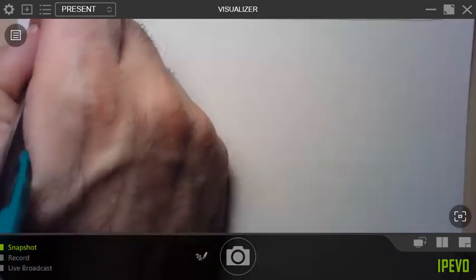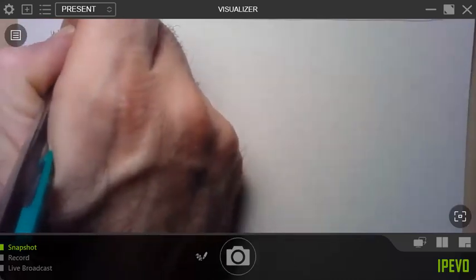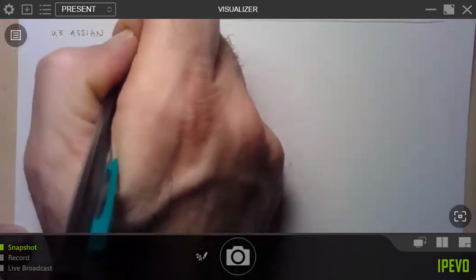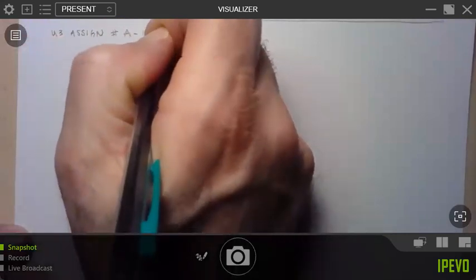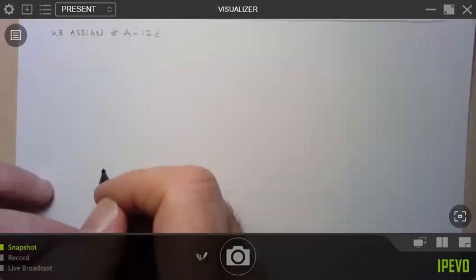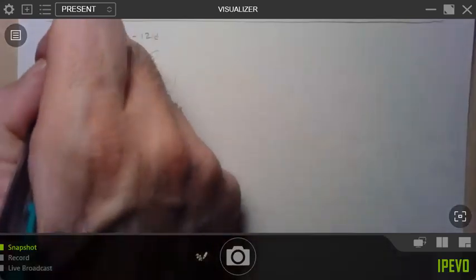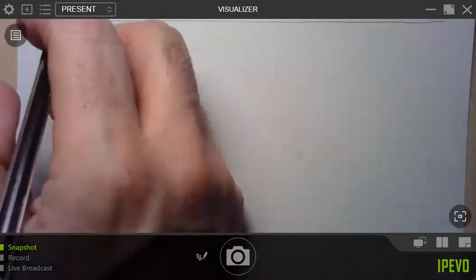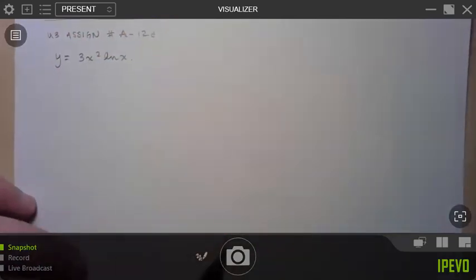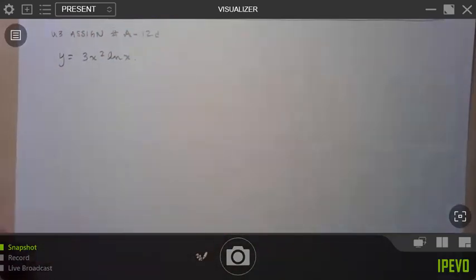So this is the unit 3 assignment, number A 12D. All right. So let's see what this would look like. So we've got our function here, which is y equals 3x squared ln x. All right. And so now let's go through our process.